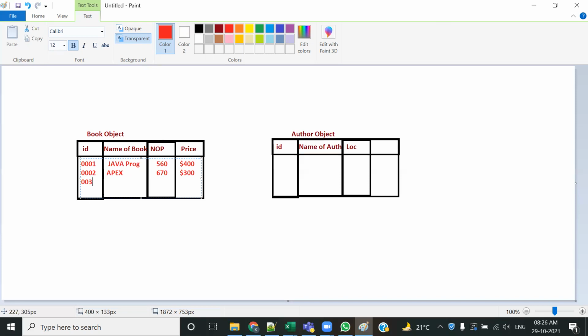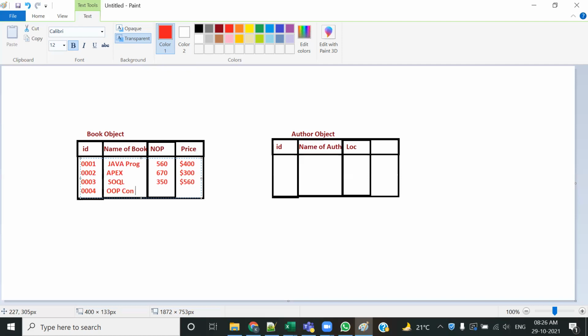003 is there. And name of the book is actually SQL programming. It's about 350 pages. And the unit price of every is probably $560. 00004, something like object oriented programming concepts.